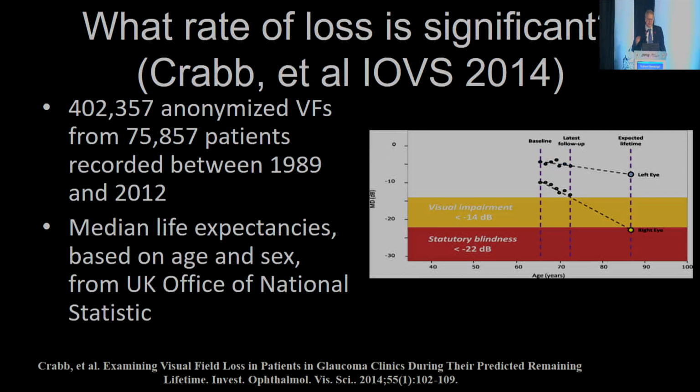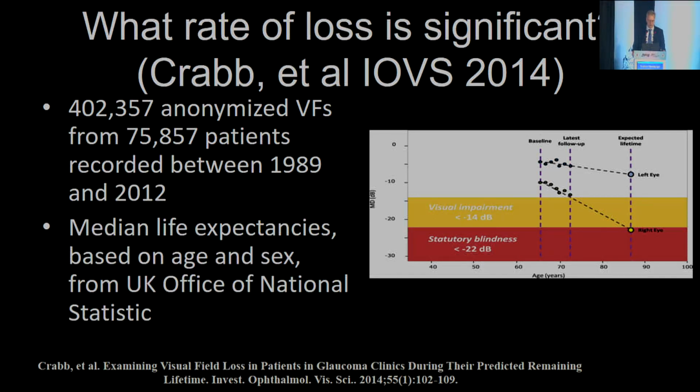So there's a really nice paper by David Crabb in IOVS in 2014, where he took all of the visual fields from the National Health Service. They had 400,000 visual fields over about a 15-year period. What I want to look at on these visual fields is how often they went blind or lost vision.